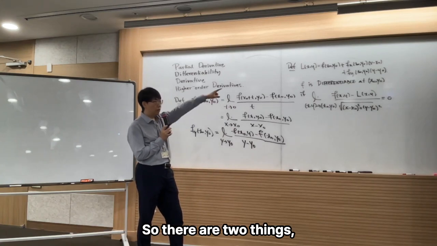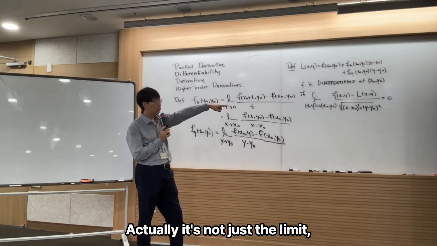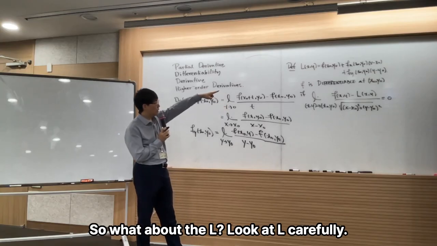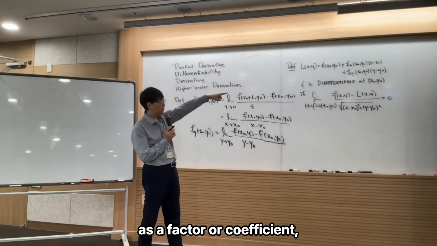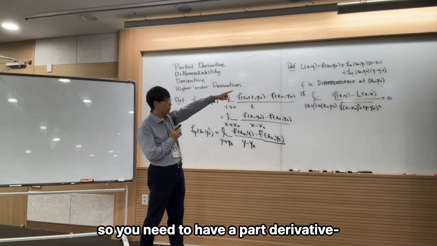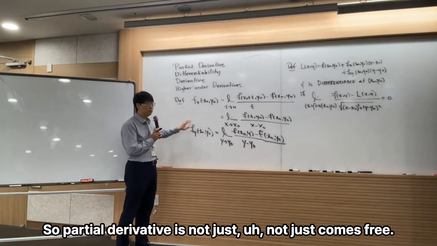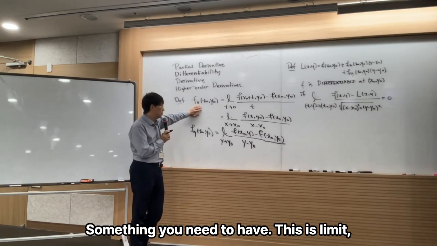So there are two things, the linear map, L, and the limit. Actually, it's not just the limit, it's an equation of the limit, right? So what about the L? Look at L carefully. So you have a partial derivative as a factor or coefficient. So you need to have a partial derivative. The partial derivative is not just comes free. Something you need to have.